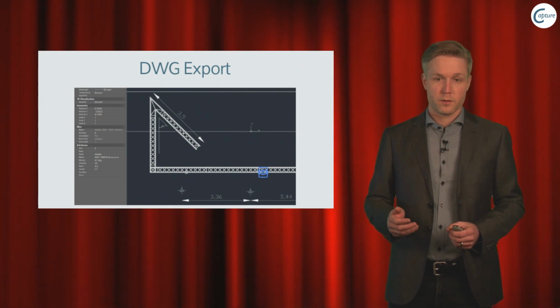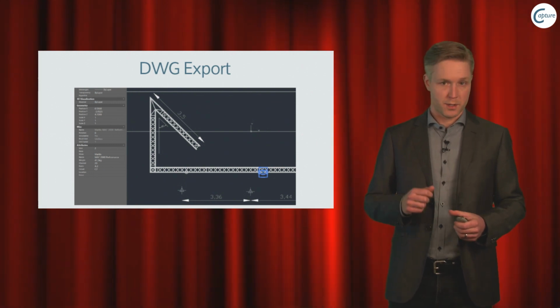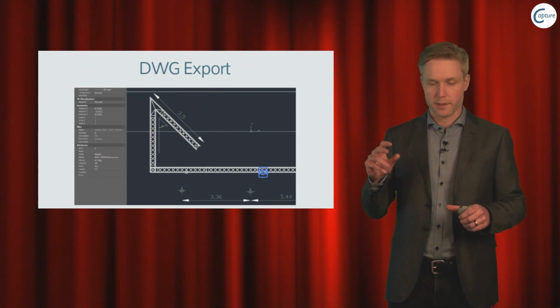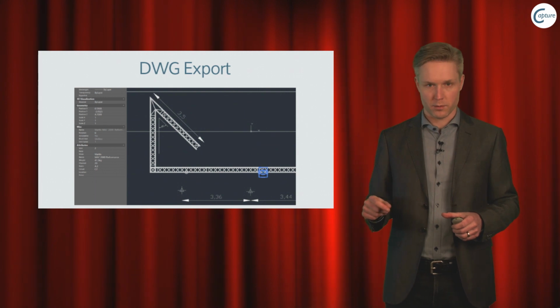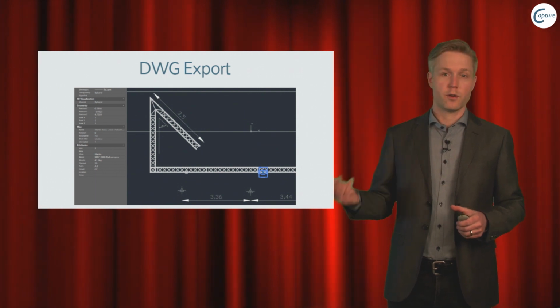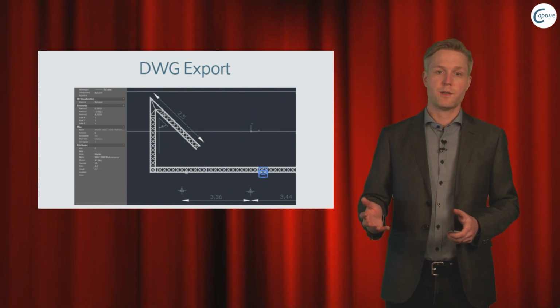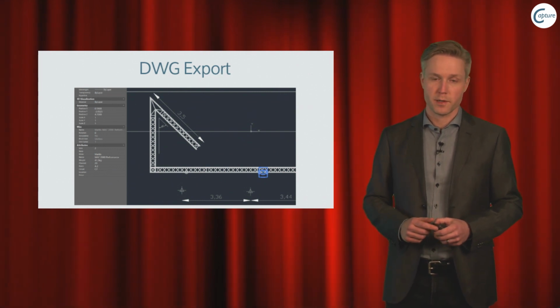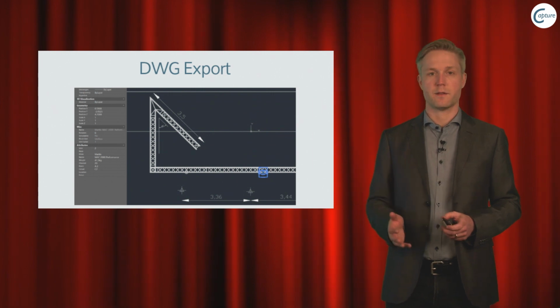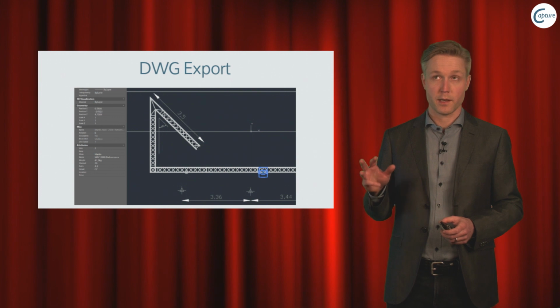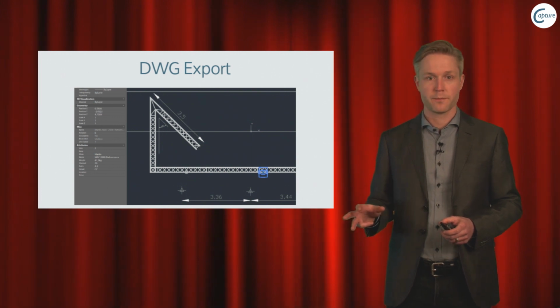On top of this, we have also added export for symbols, and by symbols now I mean things like rigging points and information symbols that were not previously exported at all. And we have also added export of measurements, both angles and distances, and they export as first-class DWG dimensions.